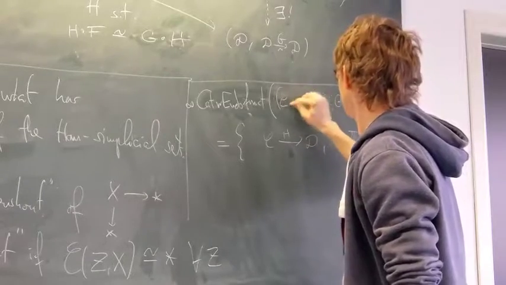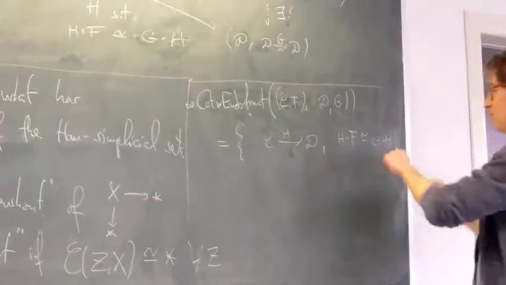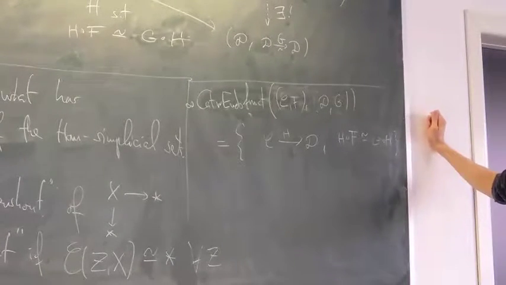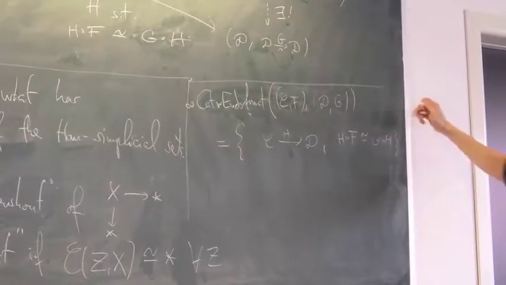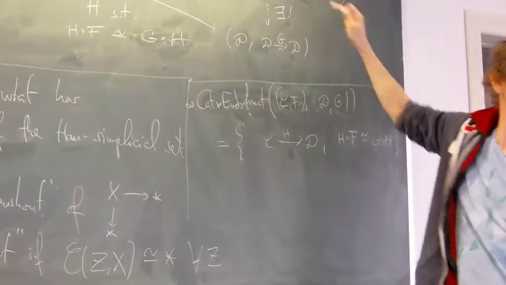Objects are pairs, infinity category and endofunctor, and morphisms are this. And in this category, we want an initial one where this endofunctor becomes an equivalence.